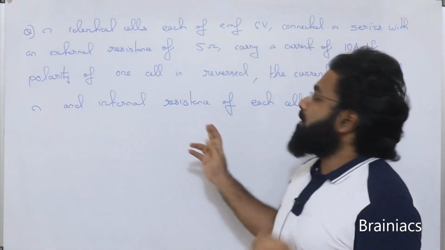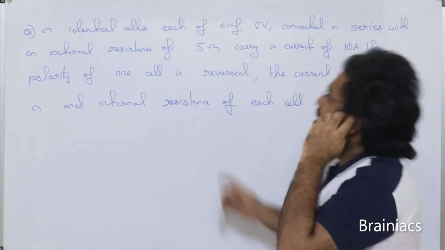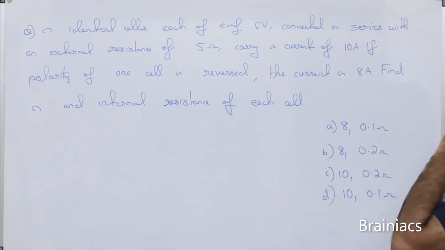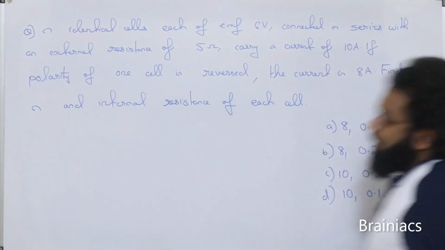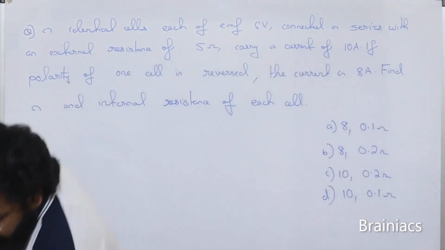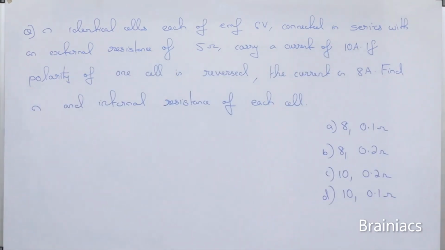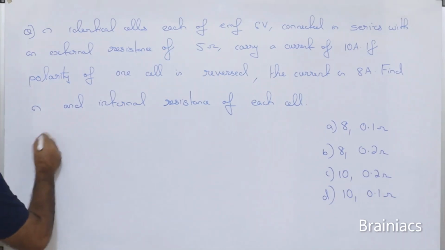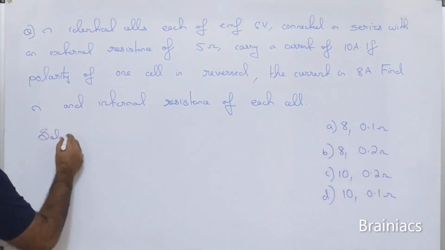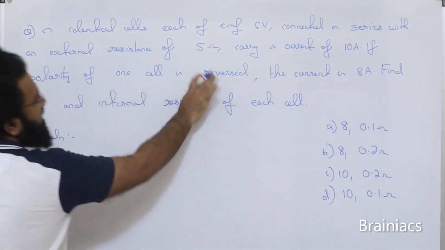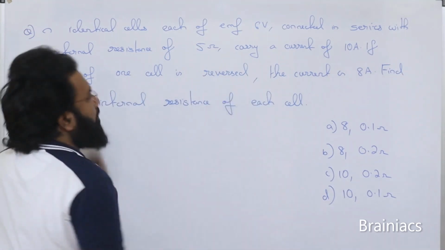See this question, students. N identical cells, each of EMF 6 volt, connected in series with an external resistance of 5 ohm, carry a current of 10 ampere. Then, if polarity of one cell is reversed, the current is 8 ampere.